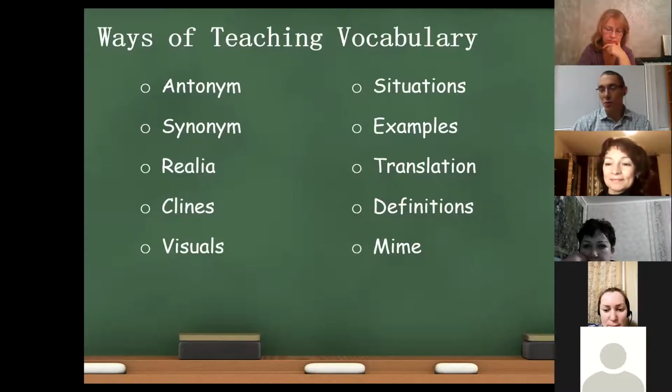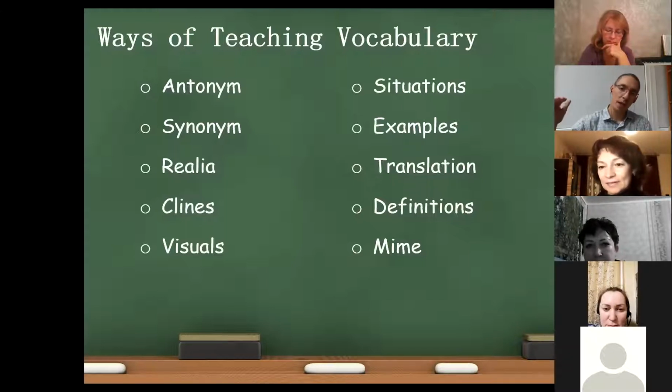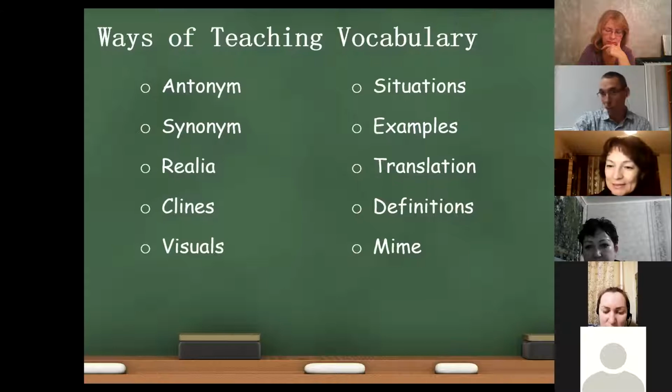Yes, so these are clines. Gradation, some kind of gradation. Yes, correct. Degrees. So it's okay. It's bad. It's terrible. It's absolutely horrible. All of these would be clines, degrees of strength in the meaning.